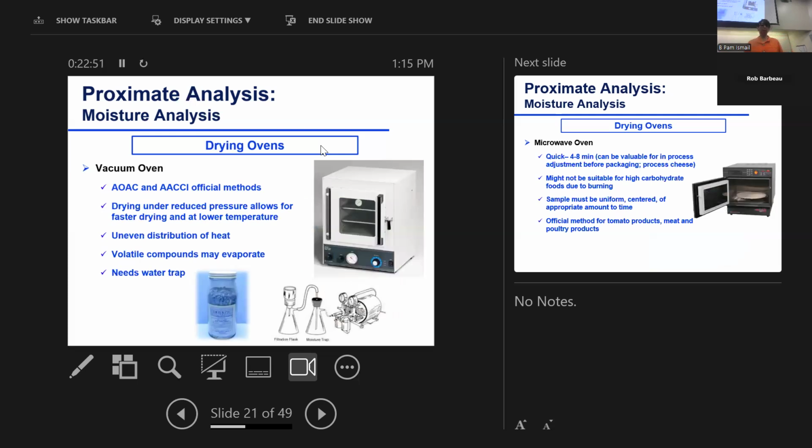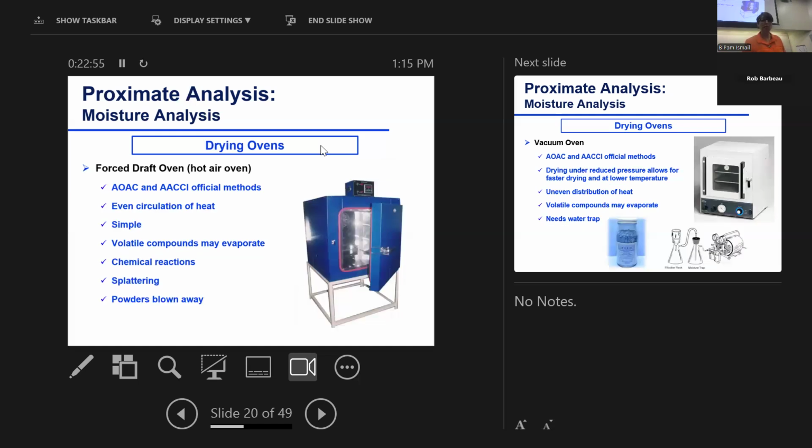So vacuum oven is also an official method of analysis. Oh, did I skip this? I skipped this. So we have very many official methods of analysis for forced draft for different types of food. Every food has its own method. Some have similarities and some are specific for the type of food: high in carbohydrate, high in lipid, a mixture of all.